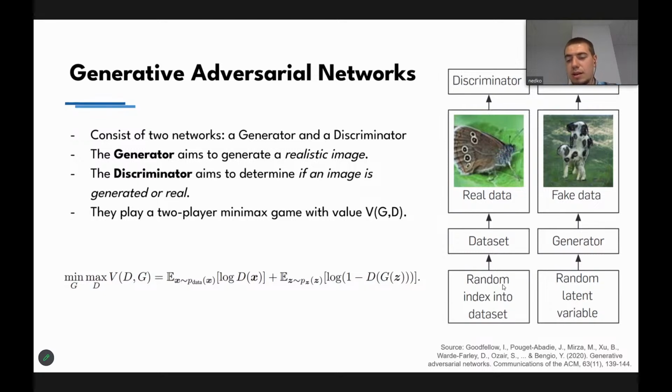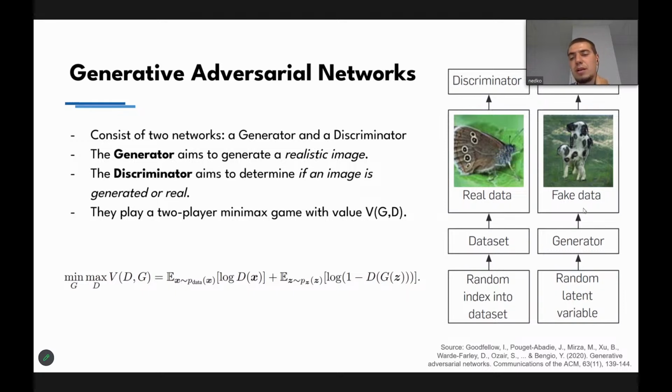So as you can see here, while training, we can sample an image from the dataset and give it to the discriminator, and it has to say that this is real data. Otherwise, we take a random noise vector that we give to our generator, and the generator is going to give us some fake data, which is the generated data. And this is also given to the discriminator, and the discriminator has to say this is fake data.